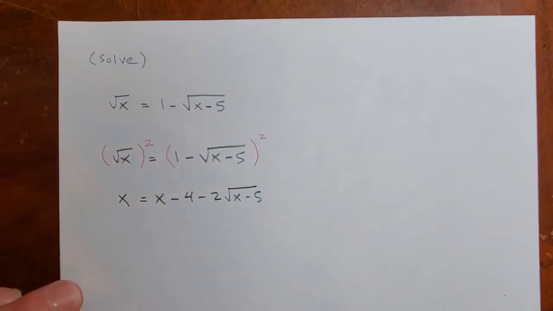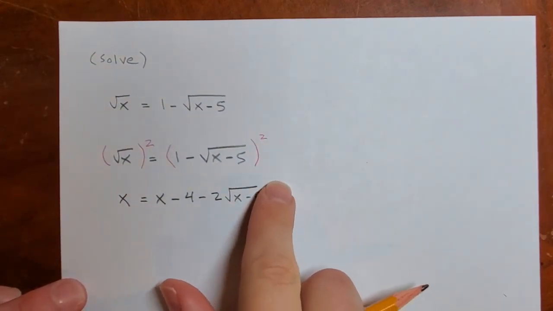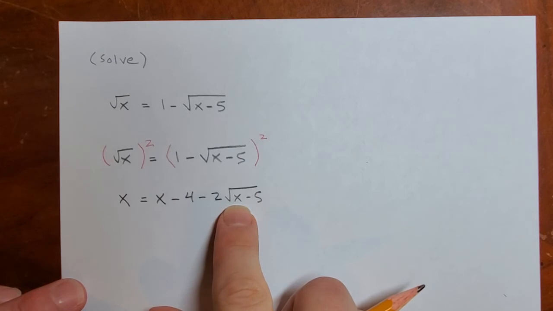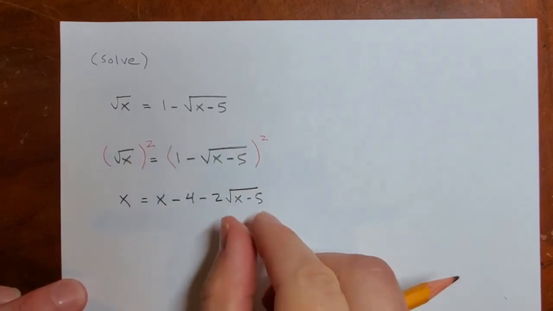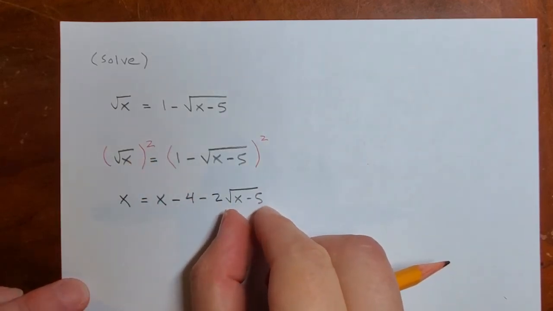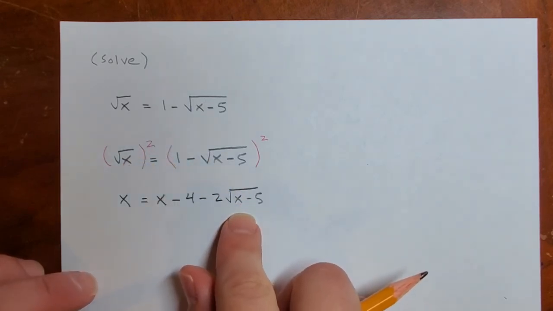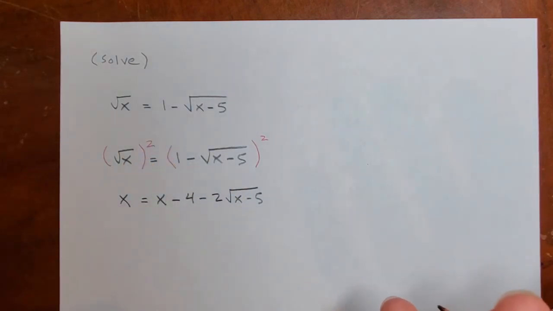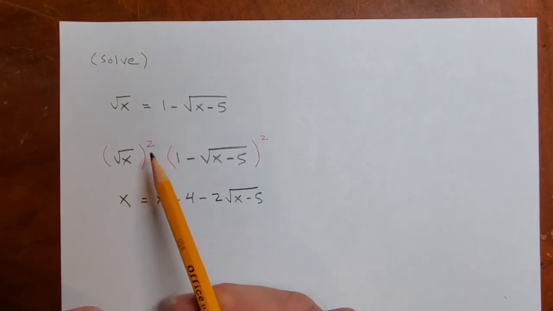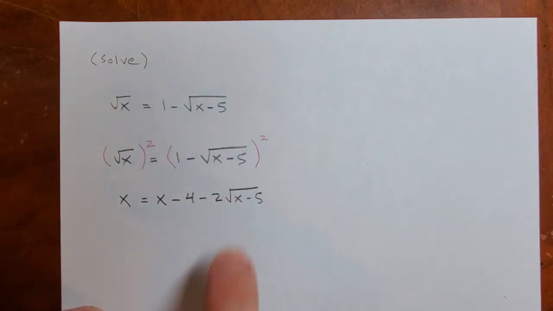So from here, I want to get this root by itself. Why? Well, because if I can get it by itself and apply a square to both sides, I'll cancel the root. Ultimately, we just want to cancel the roots. We'll have to rearrange the equation to get them alone in order to square and make that happen, but it's right there. We can get that by itself if we need to.